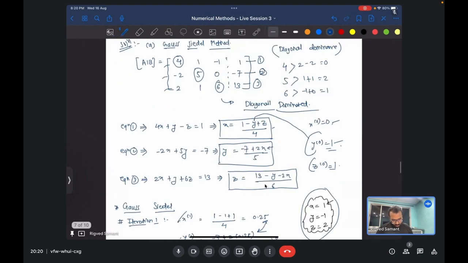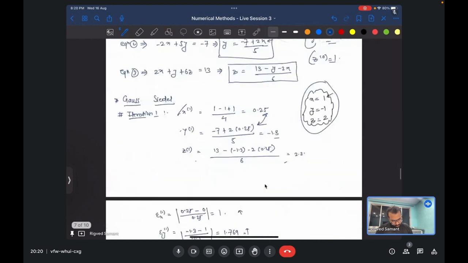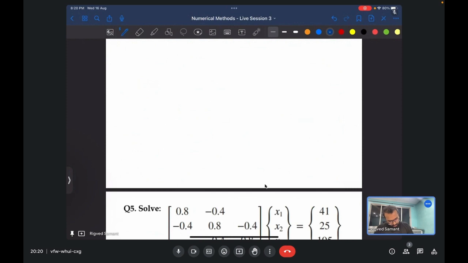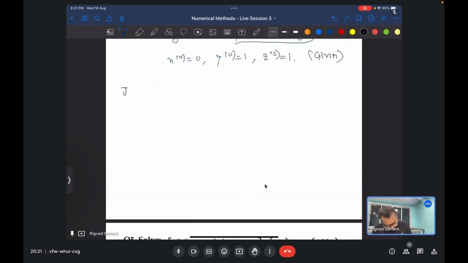After this, what do we have to do by the Jacobi method, right? First the Gauss Seidel method is done. Let's do it by the Jacobi method.